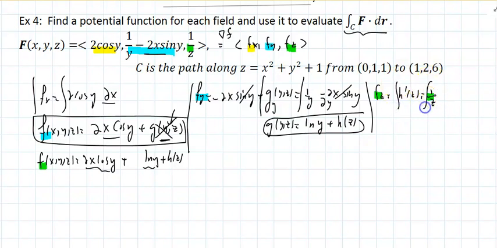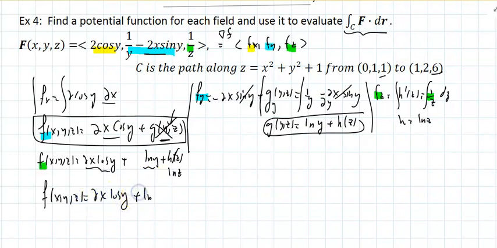And if you integrate with respect to z, h will equal natural log of z plus k. Z is always positive, so I don't need the absolute value. So now I could take h and put natural log of z. So this is what I got. I got my potential function to equal 2x the cosine of y plus natural log of y plus natural log of z.